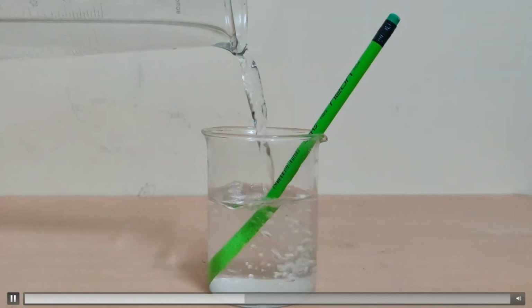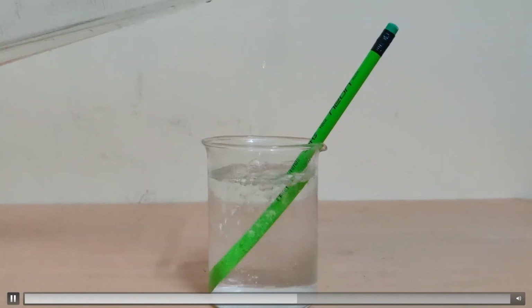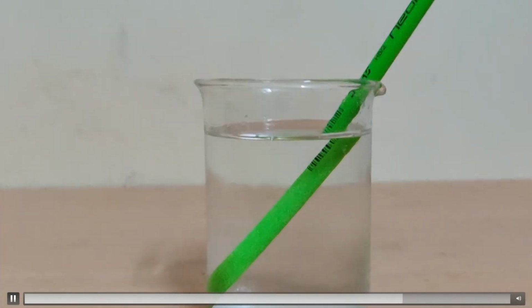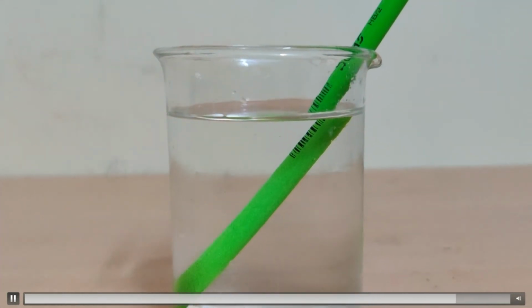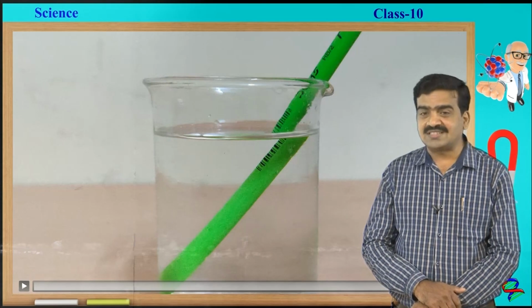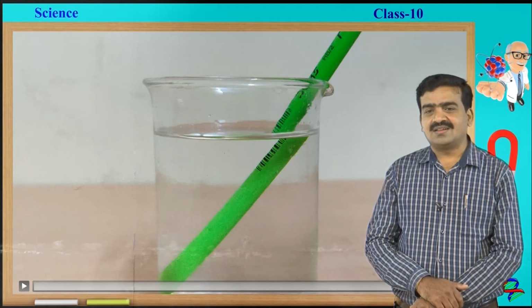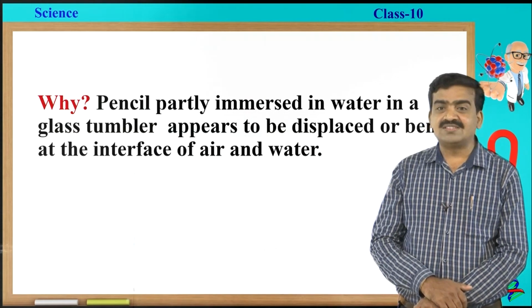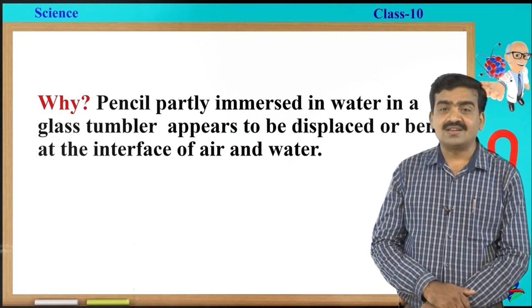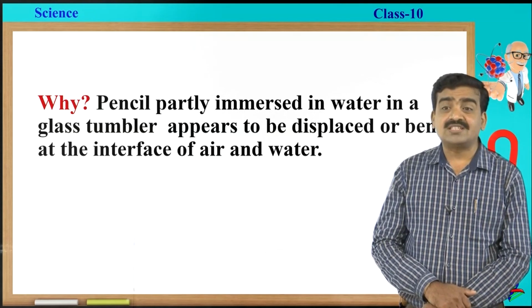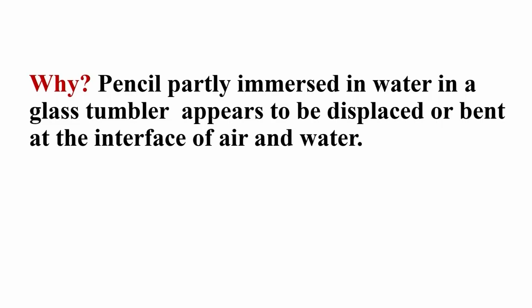Water is being poured into the beaker having a pencil, and observe carefully where the water and air meet at the interface. What have you noticed? You may have a question in your mind: why does a pencil partially immersed in water in a glass tumbler or a beaker appear to be displaced or bent at the interface of air and water?